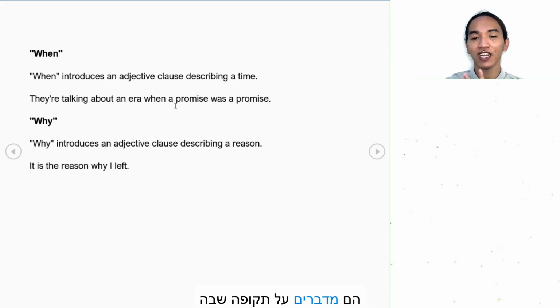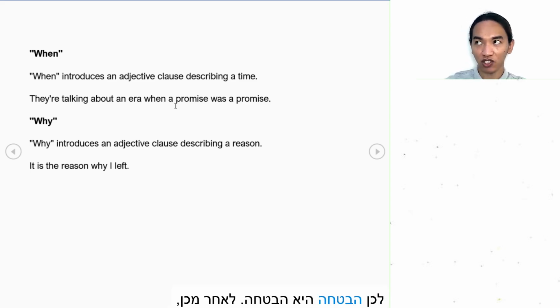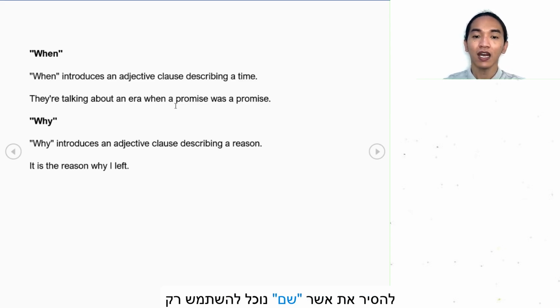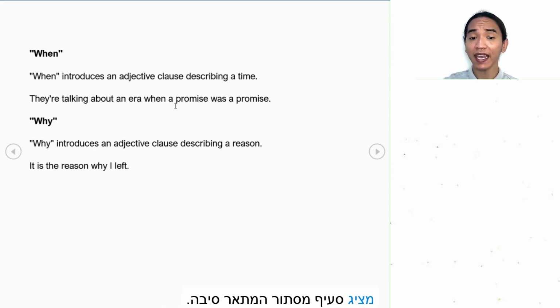They are talking about an era when a promise was a promise. So, in which a promise is a promise, we remove in which and we could just use when. And then we also have why. Why introduces an adjective clause describing a reason. You can say, it is the reason why I left. Very easy. We have where, when, and why.